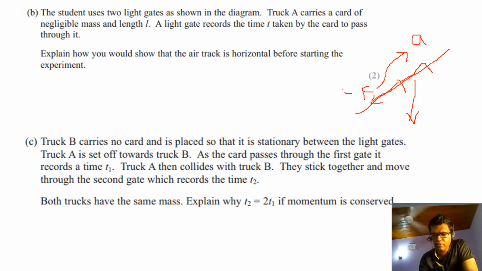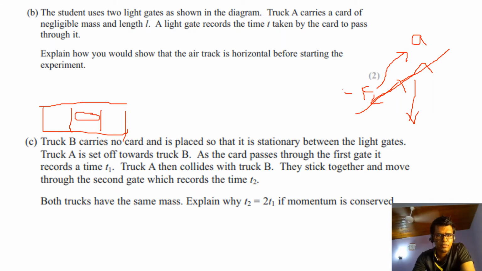So how can we ensure that it is horizontal? There are various methods. You can simply use a spirit level. You keep the spirit level on the track, and the bubble of the spirit level has to be in the center, in the middle. That is one way of doing it. What else can we do?